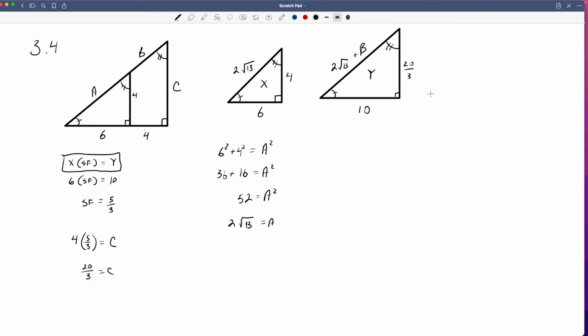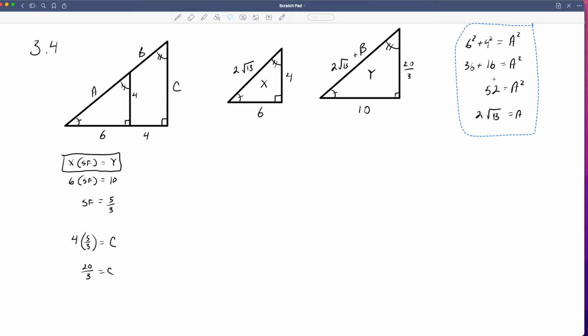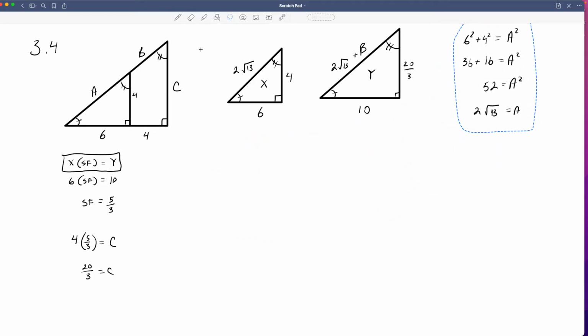All right, so now I can find the value here either by using Pythagorean's theorem or by using the scale factor. And I think what I'm going to do is use the scale factor just to keep it continuous. I am going to move this out of my way though. I'm going to put it right up over here. This is where we found the value of that.